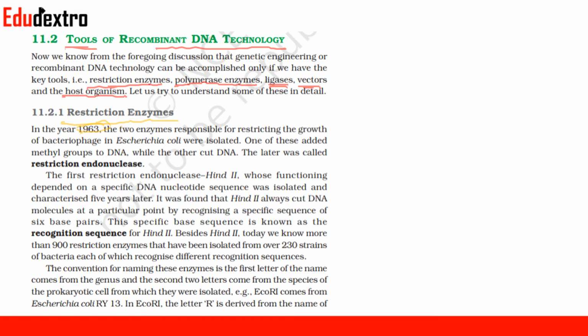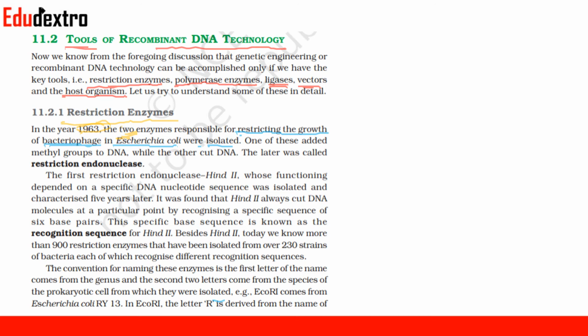In the year 1963, two enzymes responsible for restricting the growth of bacteriophage in E. coli were isolated. Now what is bacteriophage? Bacteriophage is the virus which affects bacteria. Okay, so in 1963, two of these enzymes which were responsible for preventing the growth of bacteriophage were isolated.